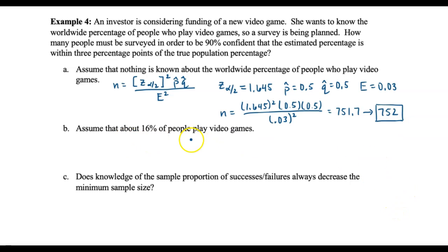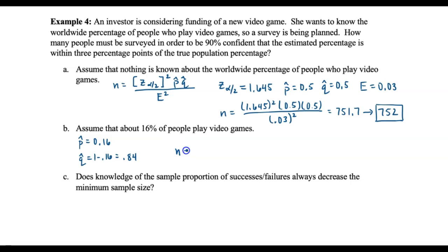And so now what if 16% of people play video games? Well, then the only thing that changes is our p hat and our q hat. Now everything else is the same, but our p hat is 0.16 and our q hat is just 1 minus 0.16, which is 0.84.